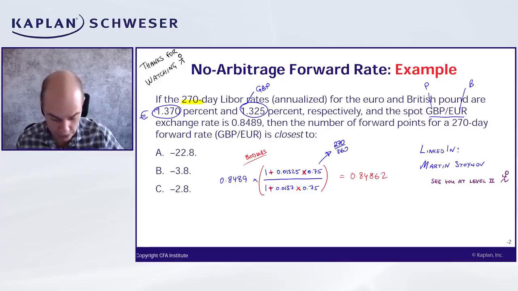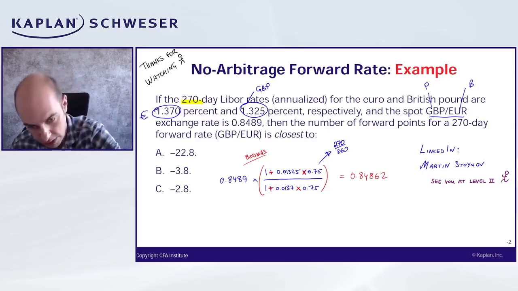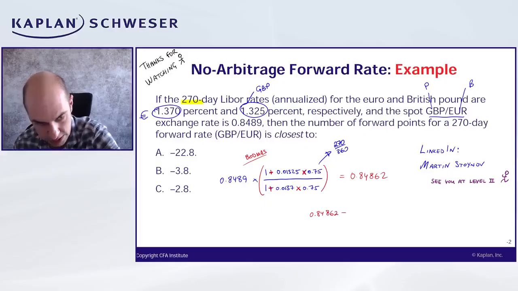So that is the arbitrage-free forward price. Notice that the question here actually wants me to calculate the forward premium or discount, or rather the points, the forward points. So now what I'm going to do is go 0.84862 minus, okay, what was the spot? 0.8489.